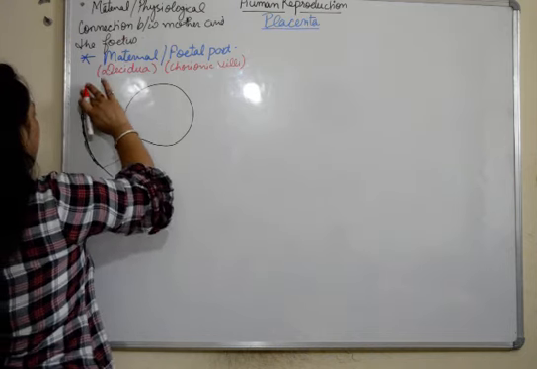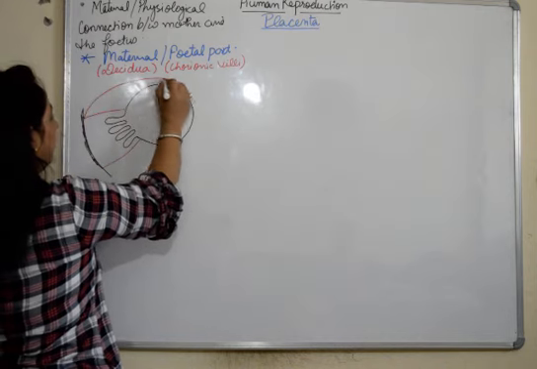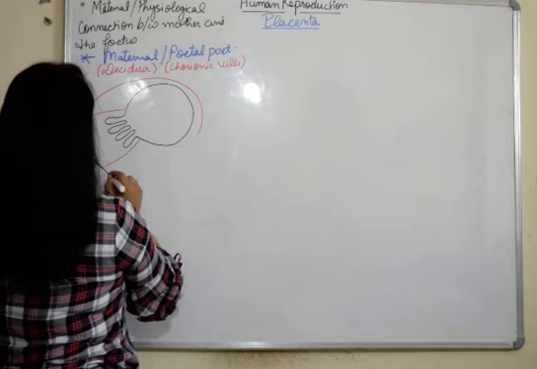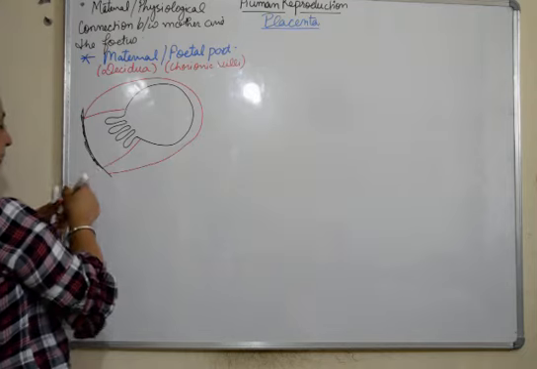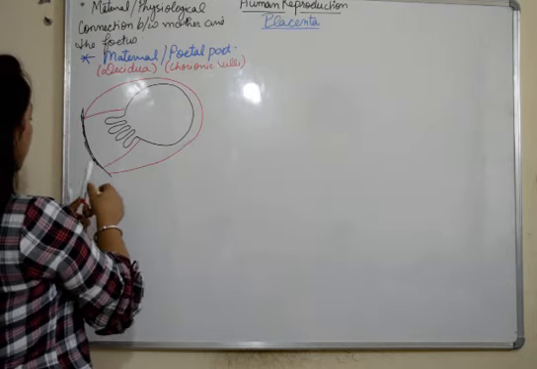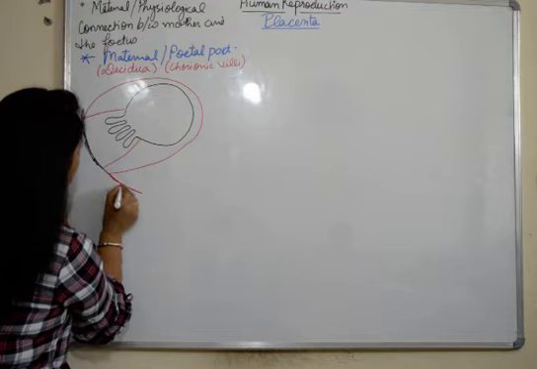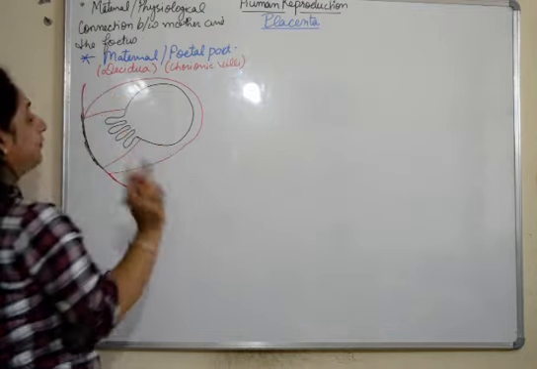The other is the part wherein the endometrium surrounds or embeds the developing embryo, and the next part is the part of the placenta which is not in connection to anything else. They have different names.